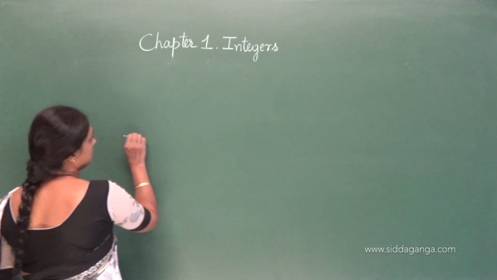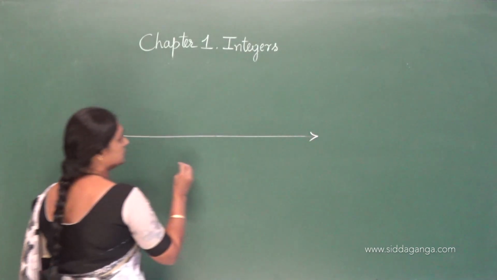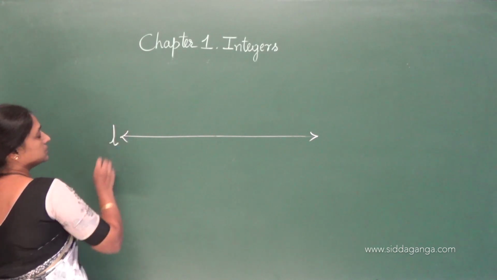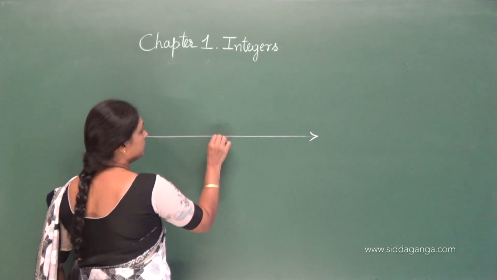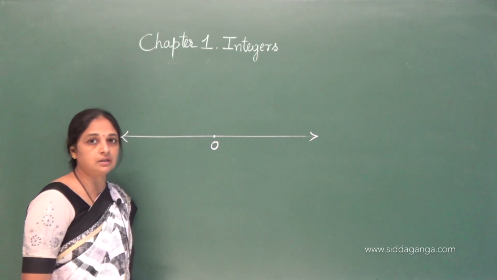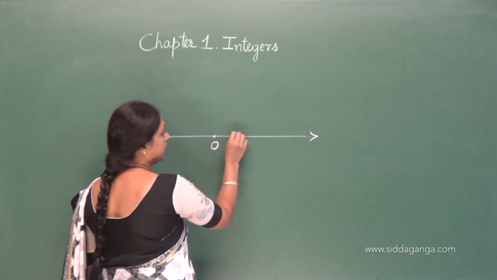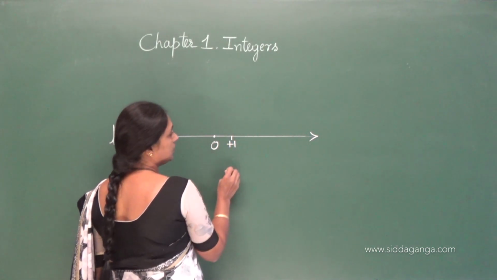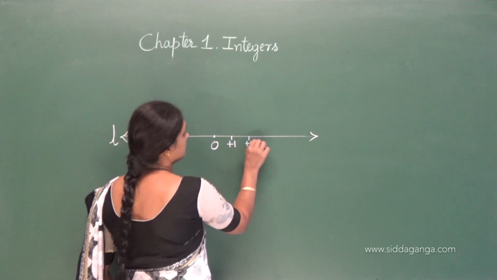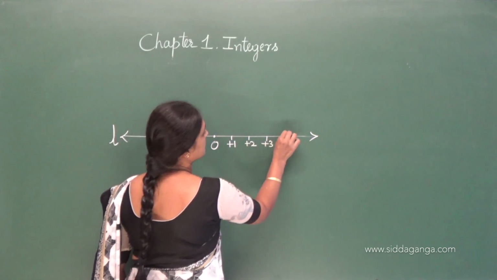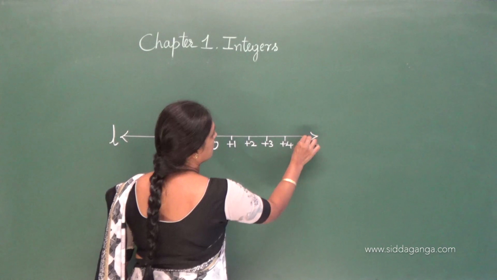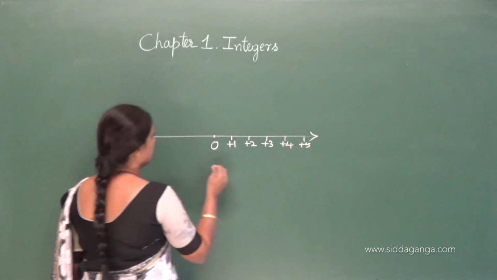To the right we mark positive integers, plus 1, plus 2, plus 3, plus 4, plus 5, and so on.